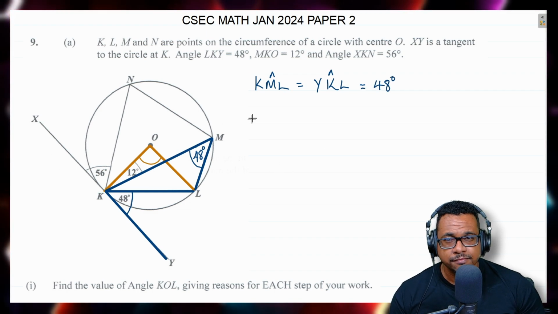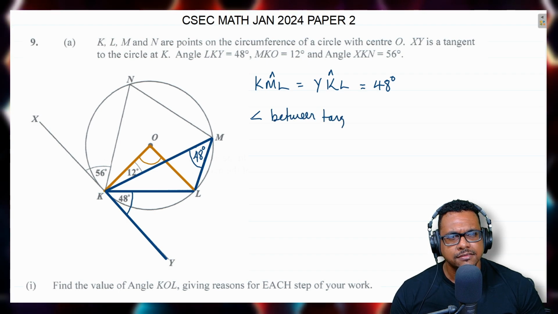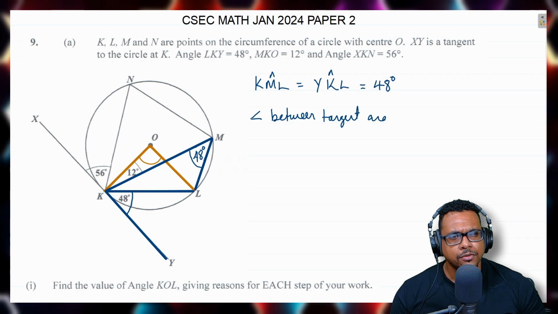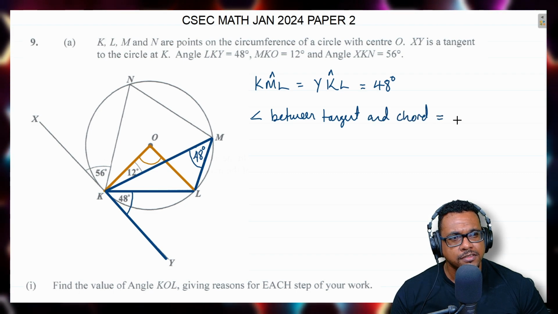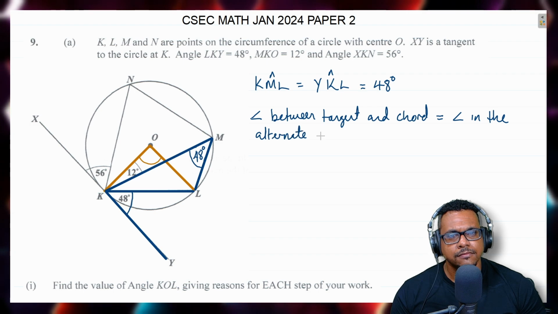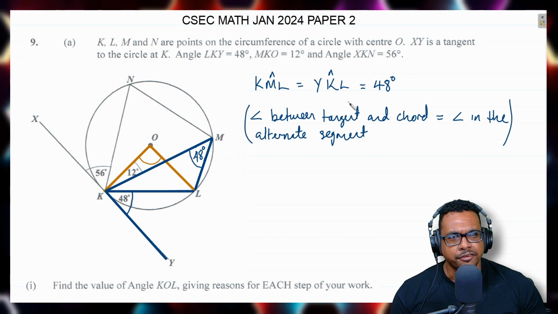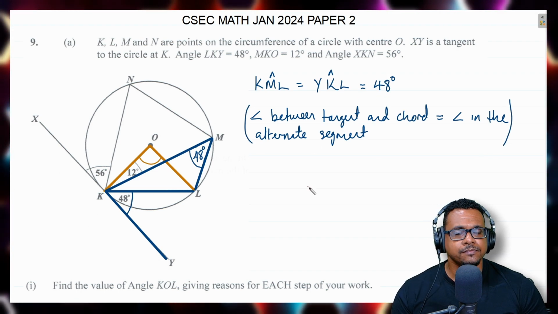And my reason: angle between tangent and the chord is equal to the angle in the alternate segment. All right, so that's my reason for this being 48 degrees.